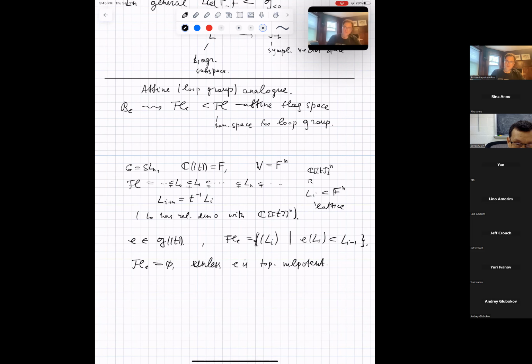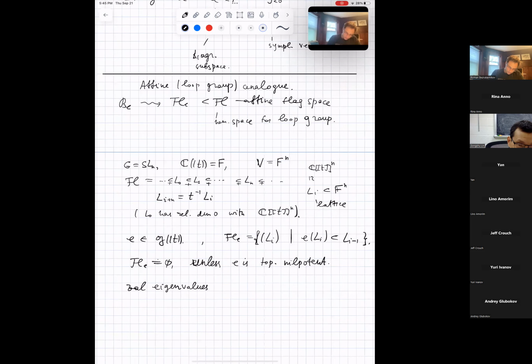This means that instead of saying that eigenvalues are zero, we say that eigenvalues are in the maximal ideal, that is, the valuation of eigenvalues is positive.